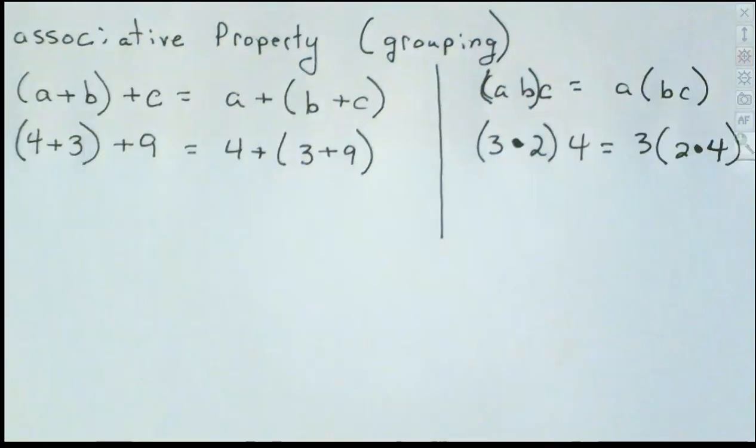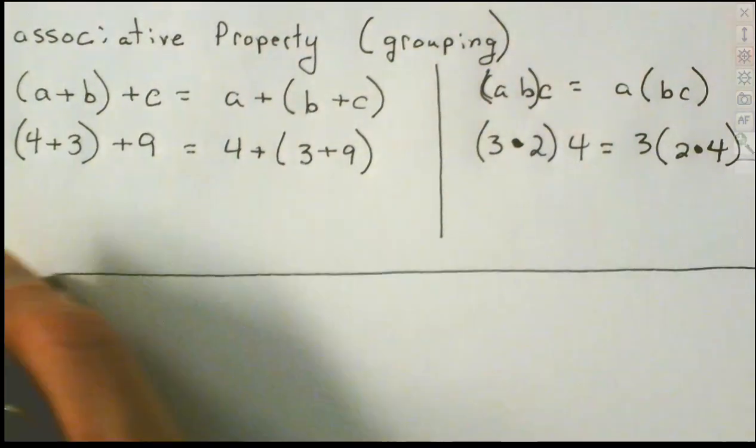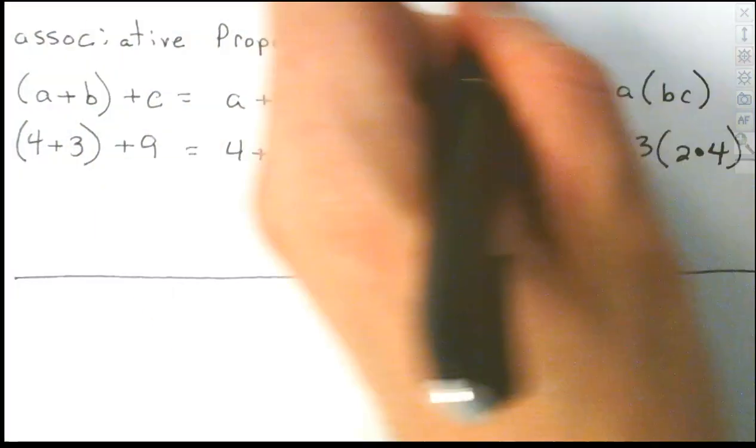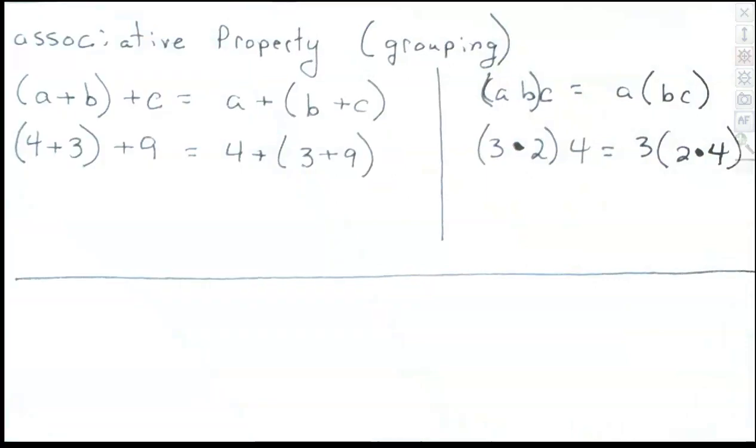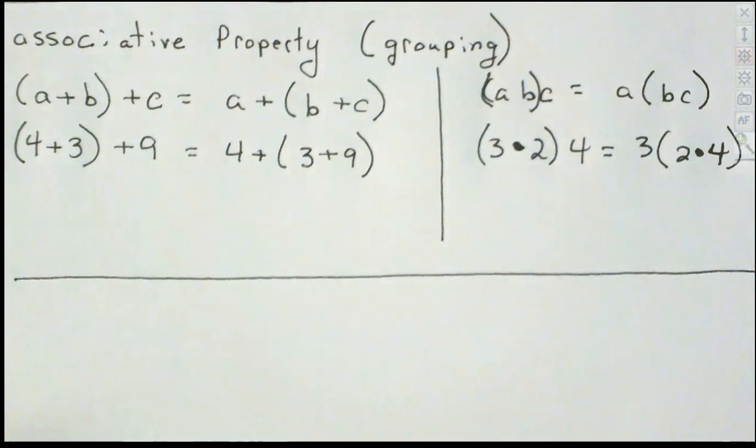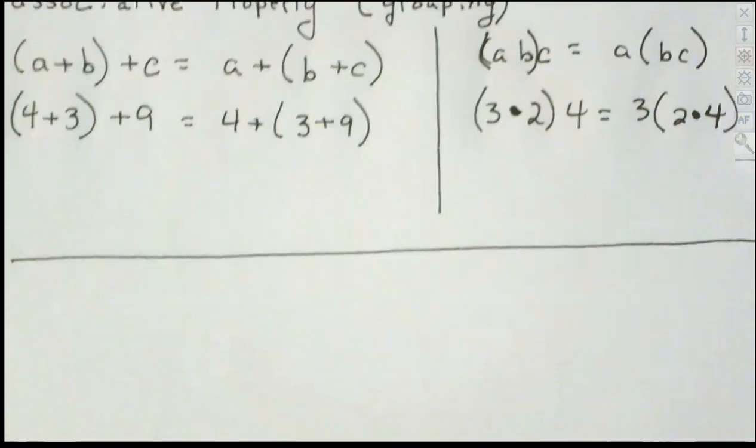Okay? So you can change the grouping. So that's the commutative property, order, associative property, groupings. Next, we've got the identity property. And the identity property means the same.